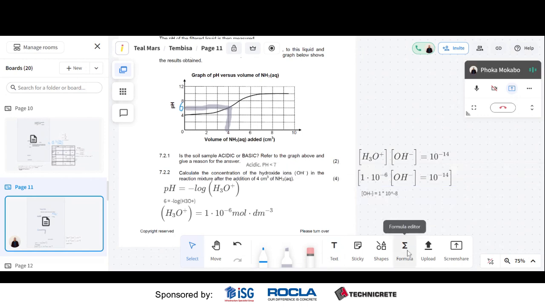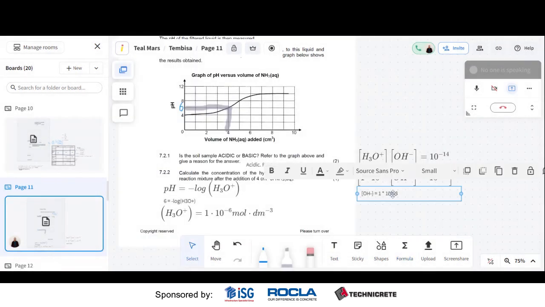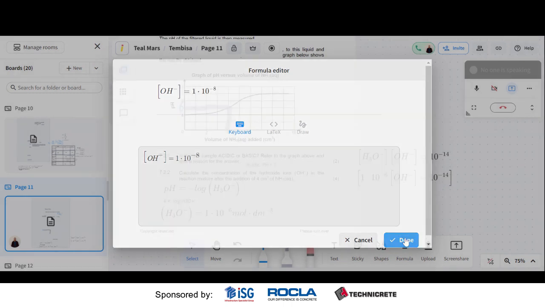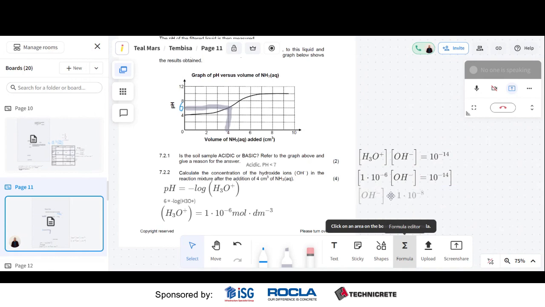Okay, or if I write this a bit nicely, right there. Yeah, moles per decimeter cubed, goes without saying.